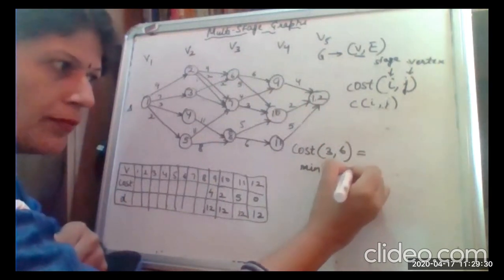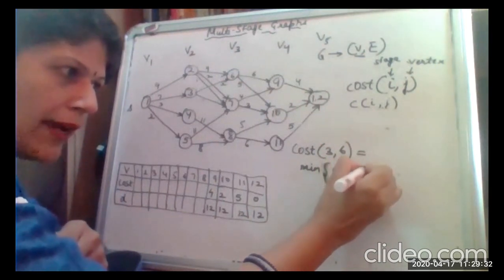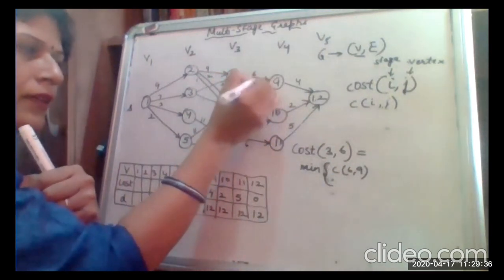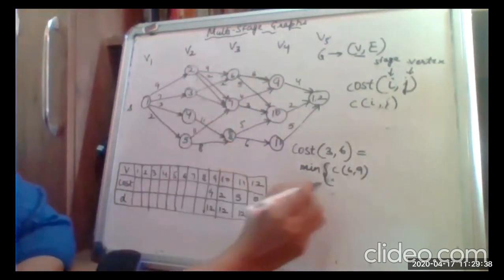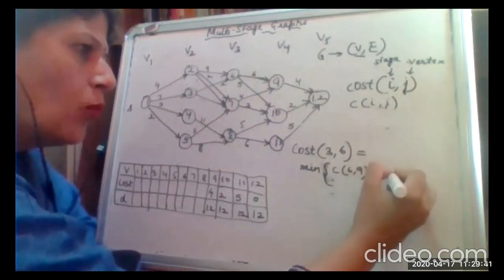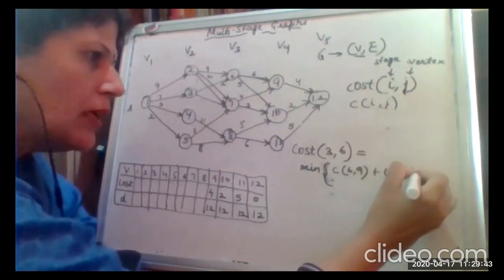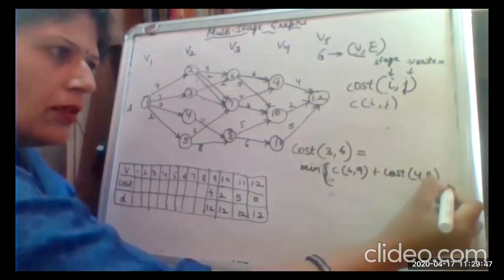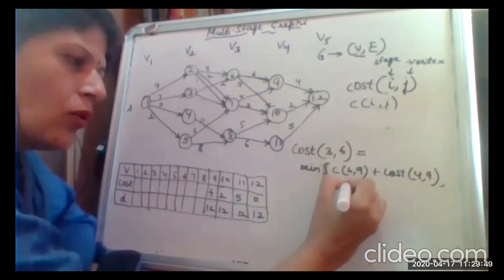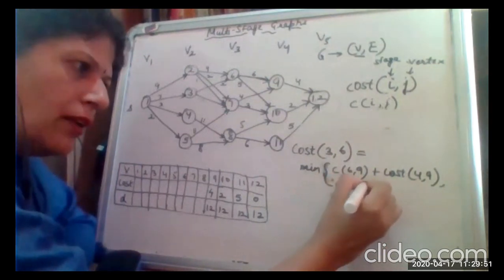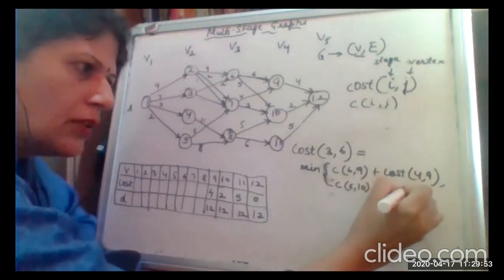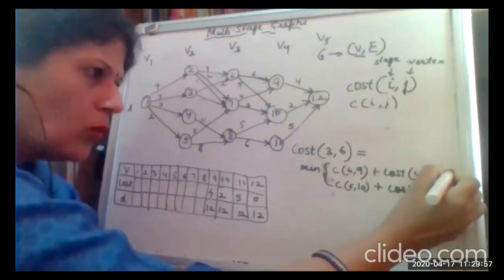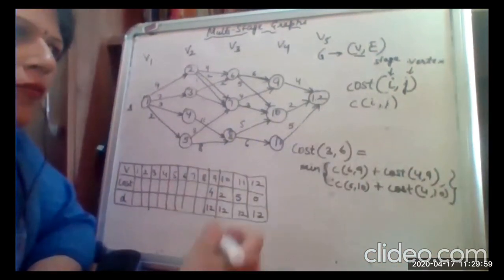cost of 6 to 9. So that means this edge I am taking. Fine. Plus whatever was the optimal cost at the fourth stage 9 vertex, comma, cost of 6 to 10 plus the cost at the fourth stage 10th vertex. Fine.